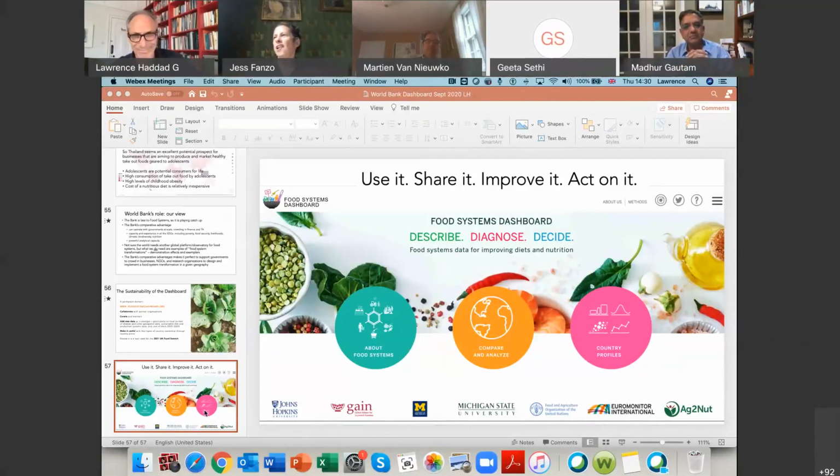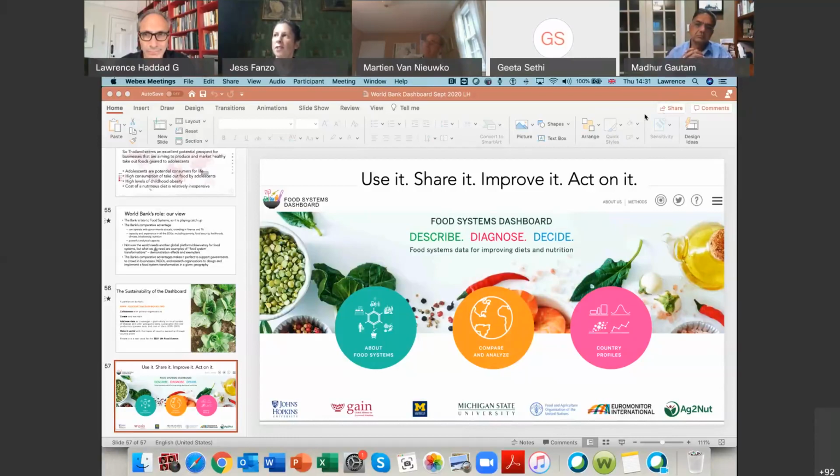I think it's a matter of us going through a deeper analysis with partners like World Bank, like IFPRI, like FAO, and not duplicating some of the platforms that are already out there, but really curating what enriches the story. And I think everyone has their pet set of indicators that they want to see on a dashboard, based on where they work in the food system or what they care about in the food system.